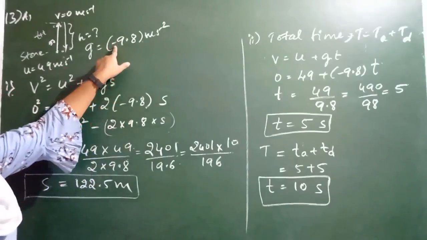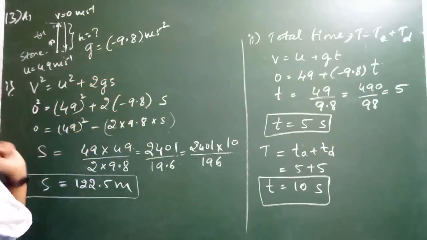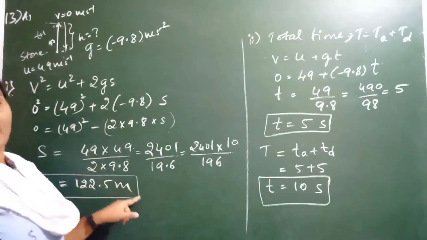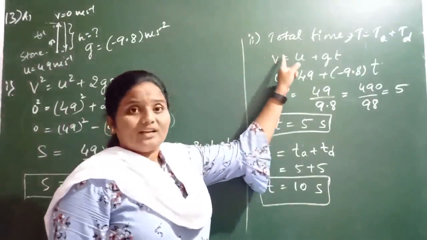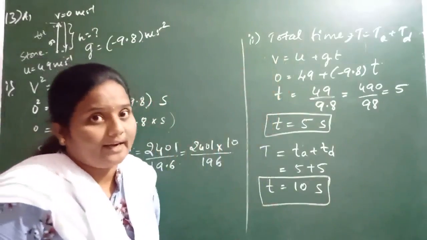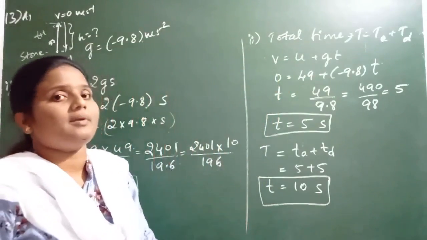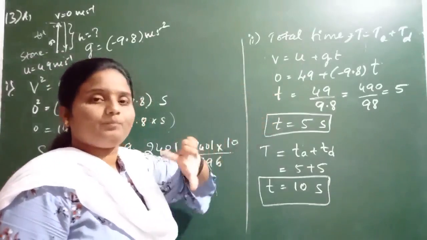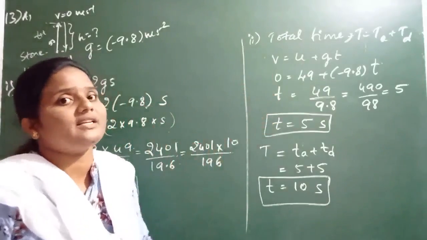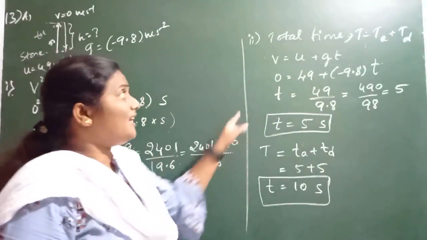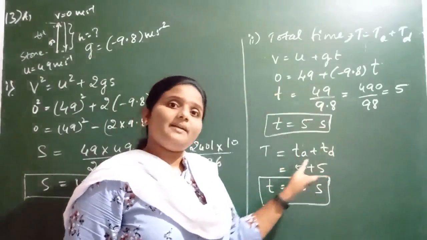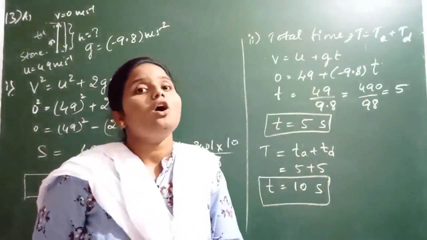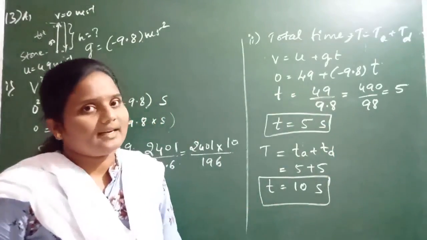We have to take a negative sign at this moment. Then we will get an s value of 122.5 meter. To calculate the total time for going up and also for coming down, first we calculate just one way, that is, how much time it takes to go up. Then if we add the same for the way down, we will get the total time taken, which equals 10 seconds. Is it clear, children?